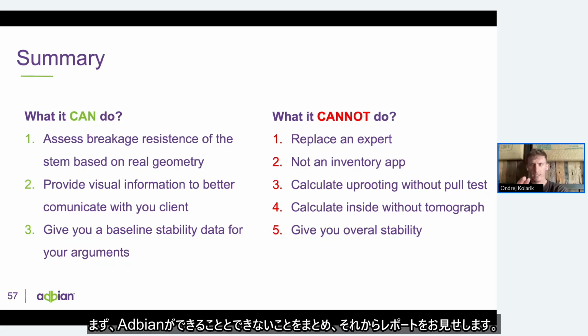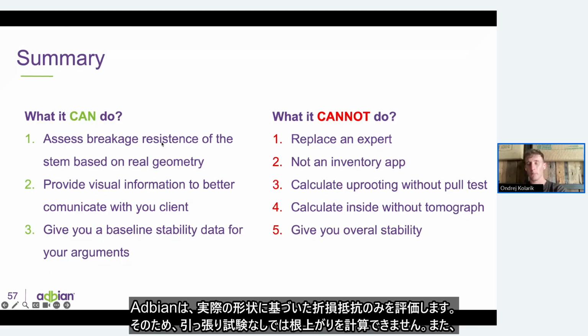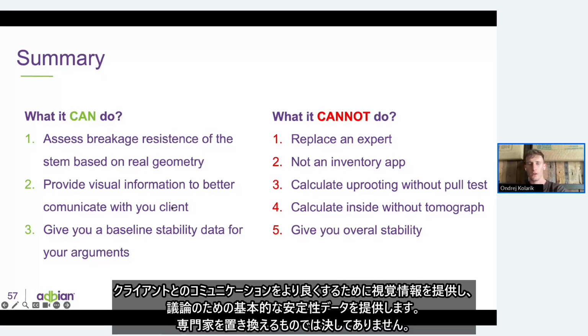Let me first summarize what Adbian can and cannot do, and then I will show you reports. So Adbian only assesses breakage resistance on the real geometry. So it cannot calculate uprooting without pulling tests. It also helps you provide visual information to better communicate with your clients, and it gives you baseline stability data for your arguments.